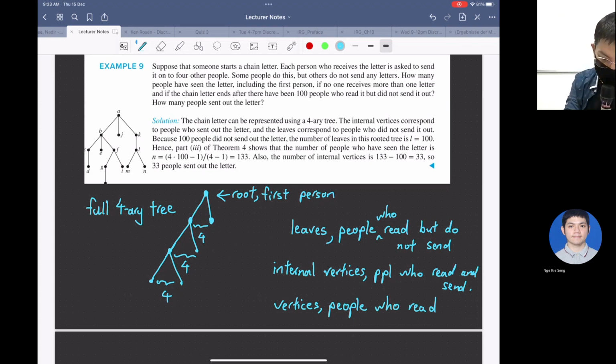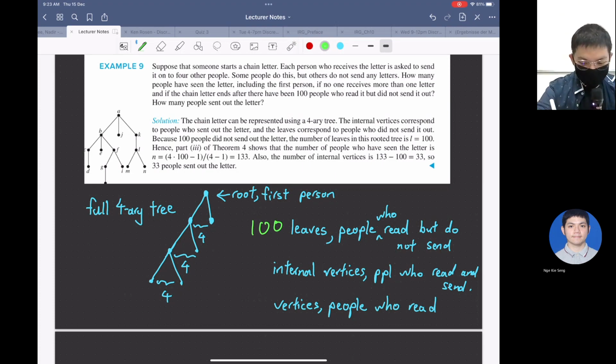You are told that 100 people read it but did not send it out. What kind of people are these? This is kind of irresponsible people. Just kidding. So these people are leaves. So 100 people are leaves.